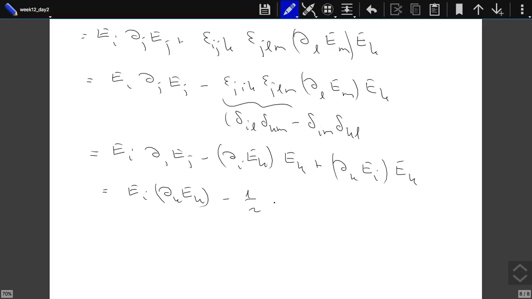Minus 1 over 2 ∂_i E_k squared plus E_k ∂_k E_i. You see, the first term and the last term I can just sum them. It's nothing but the derivative of the product E_i E_k. The first term and the last term.